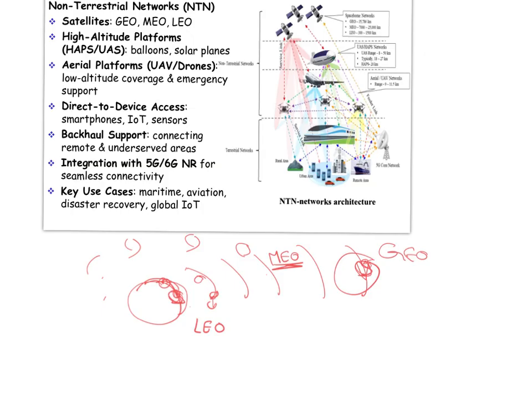Since it's close to Earth, the distance is small, so the latency is reduced, which is good. But you need to provide very sophisticated techniques to handle the frequent handoffs between the satellites, because as the car moves, it needs to hand off its traffic from one satellite to another. Is that clear? You need to hand off to different satellites. So that requires more overhead and more complexity.